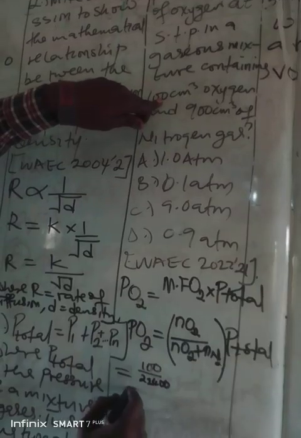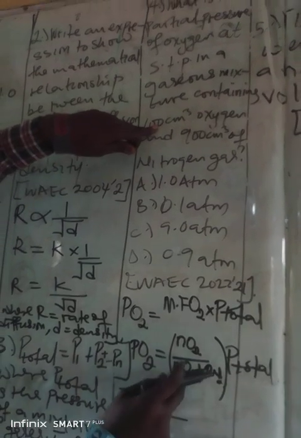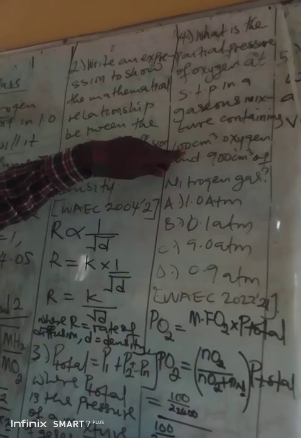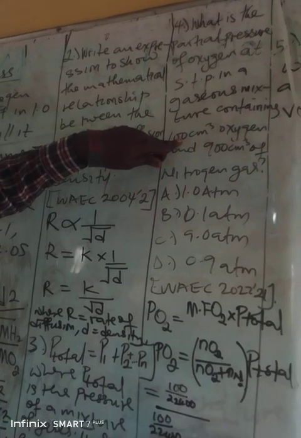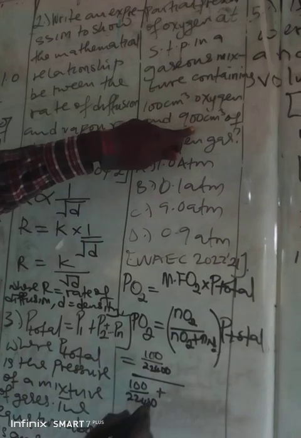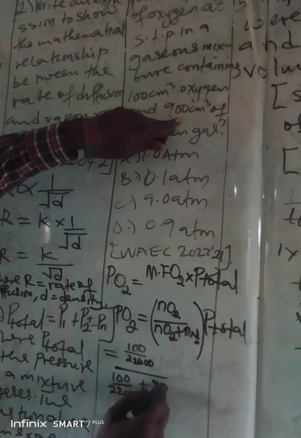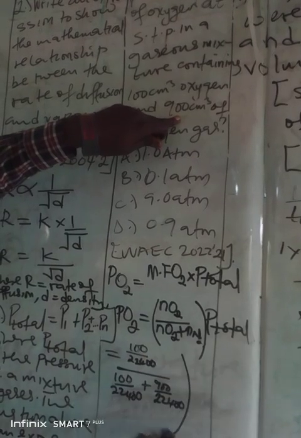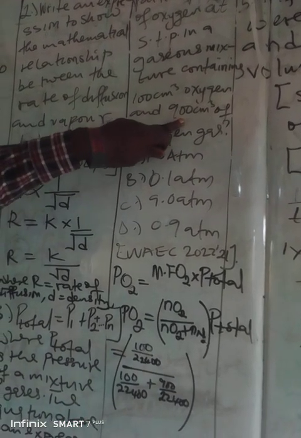Now, over the same thing we write here, we repeat it here: 100 over 22,400, plus the number of moles of nitrogen, that is 900 over 22,400. Everything. What is the P total?